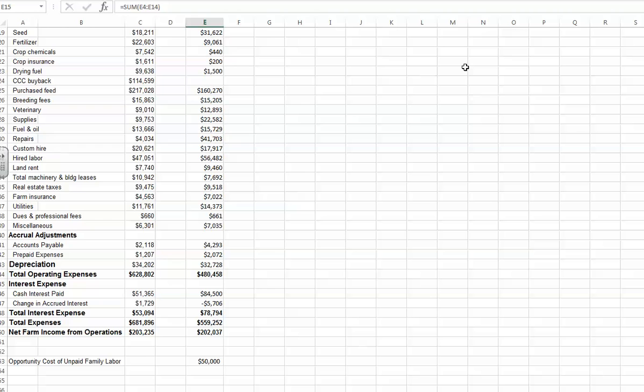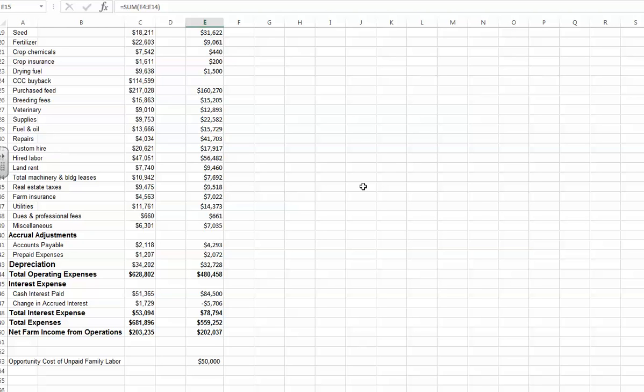If this farm business was owned by an operator who provided the labor, or at least a large portion of the labor and the management, one of the differences between a farm income statement and a corporate income statement is that you have unpaid family labor. In other words, if the owner operator owned this business, he doesn't write himself a check for a monthly salary.